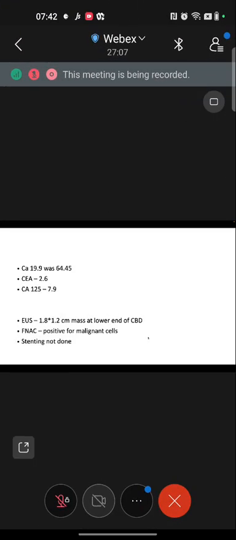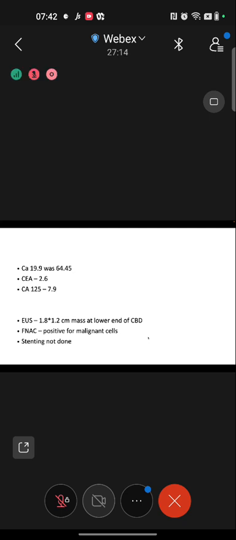So this can be done preoperatively so that we can have a postoperative evaluation and follow-up in these patients. CA 125 as such does not carry any meaning in diagnosis or in management, but somehow it tells about the aggressiveness of the tumor. If CA 125 is more, the prognosis is bad in carcinoma head of pancreas, not in cholangiocarcinoma.